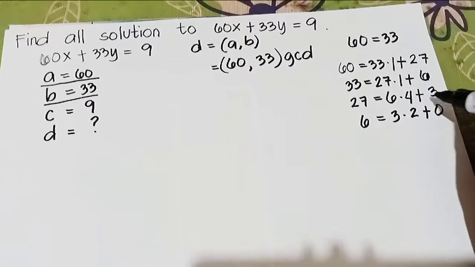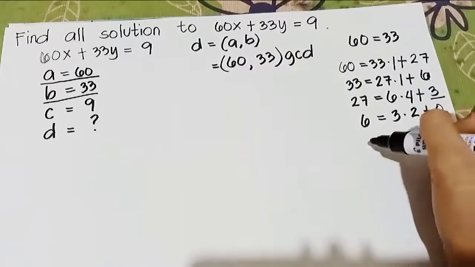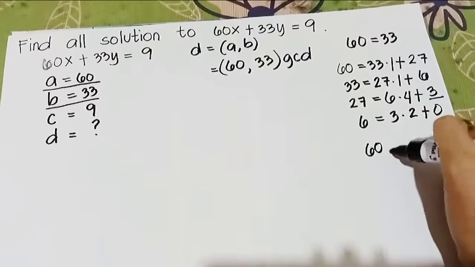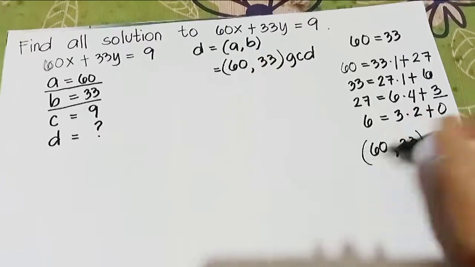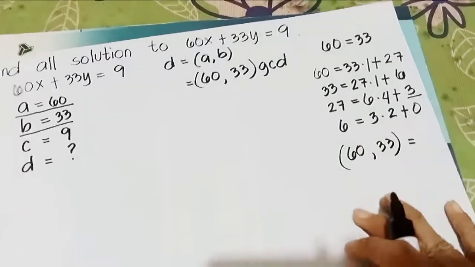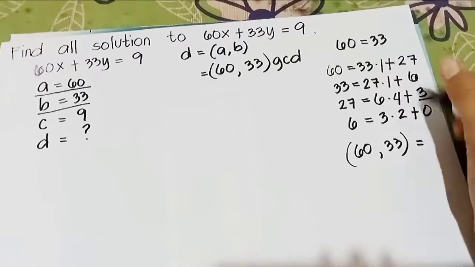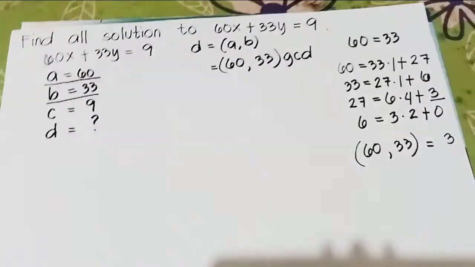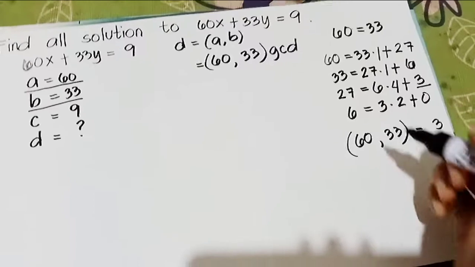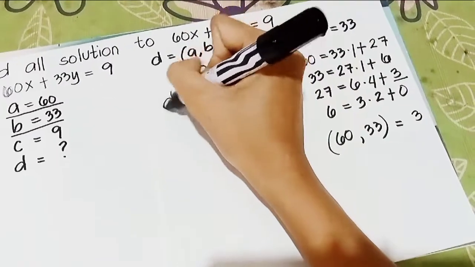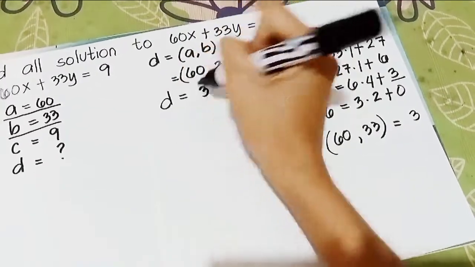So we get 3 as the GCD. So the GCD of 60 and 33 is 3, and the value of d here is 3.